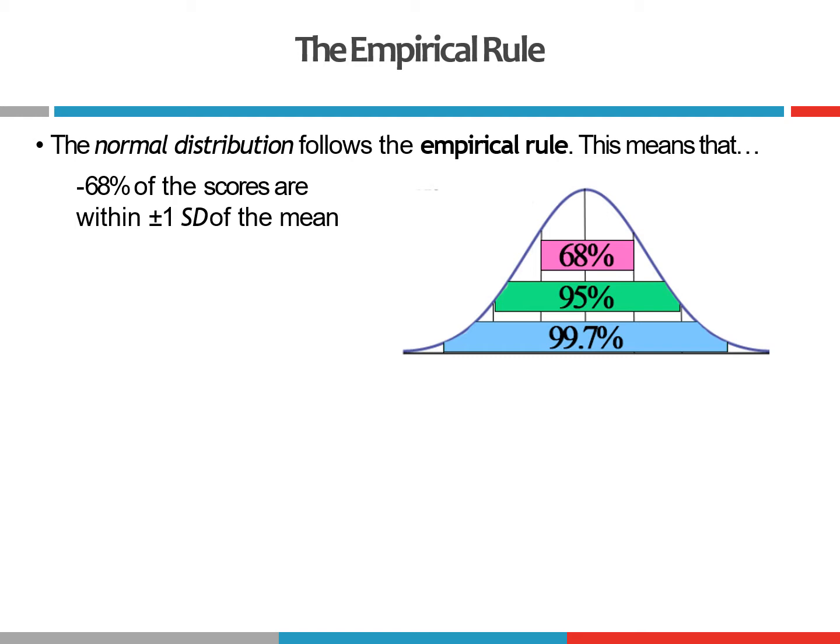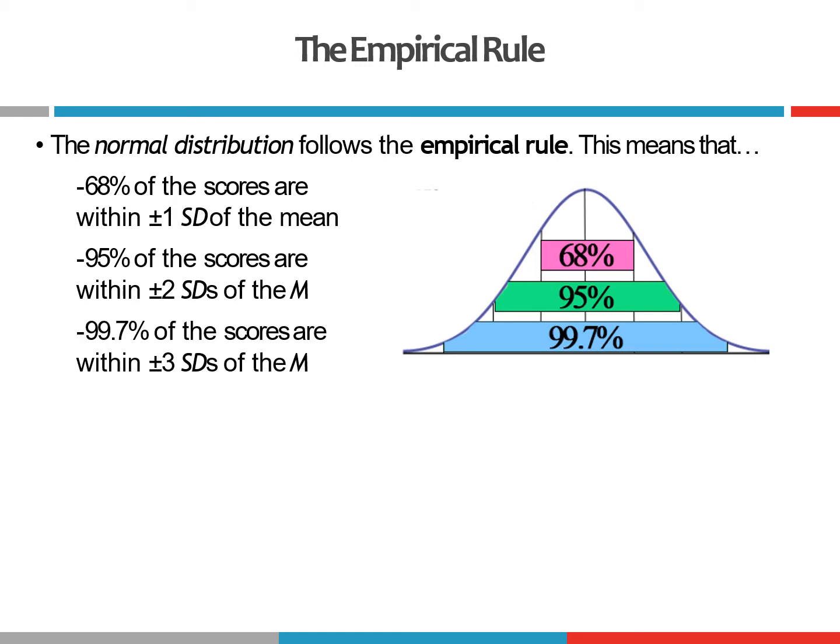So 68% of the scores are going to fall within one standard deviation. 95% of the scores are going to fall within two standard deviations. And 99.7% of the scores are going to fall within three standard deviations of the mean. Right? So why does this matter, or why is this important?